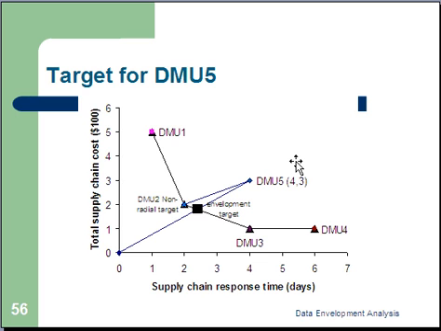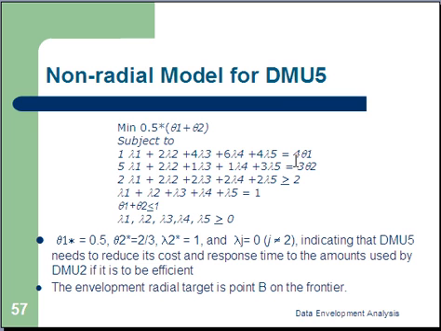Sometimes, though, you can get the same target. And this is the model for calculating the efficiency for the DMU5 that you just saw in the picture.